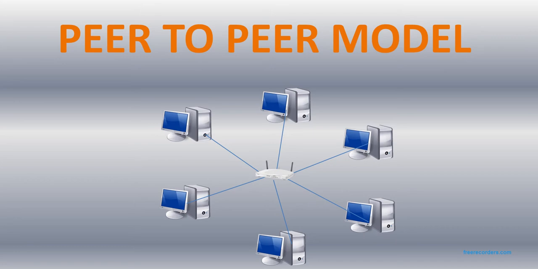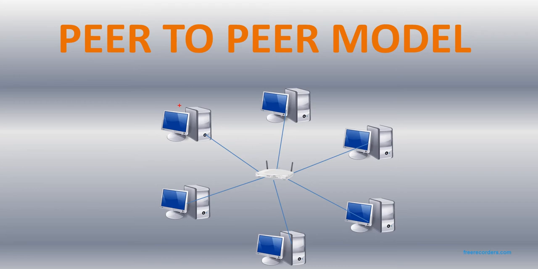Typically these days, all these computers can also get on the internet. Now, the most common use for a peer-to-peer network model these days is to allow internet access for multiple computers. But another use for peer-to-peer models, or any network for that matter, is information sharing.